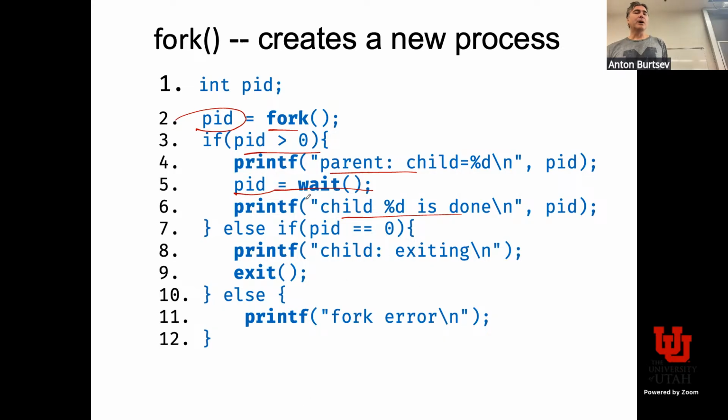If my PID is 0, you know that you're within the child, so this code is executing, and you say, I am a child, I'll just exit. And there might be a chance of error. Maybe the system ran out of memory and it cannot create a copy, so you say fork error. That's a negative number, actually. Makes sense? That's the way to invoke fork, just as an example.